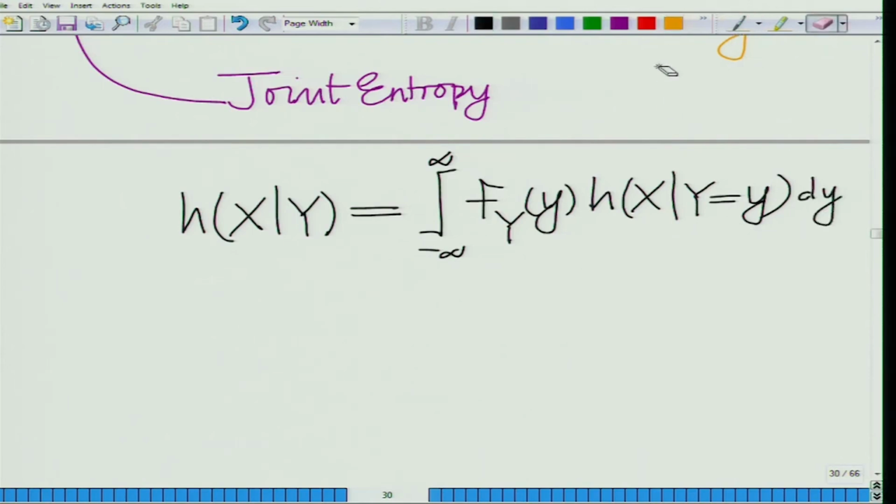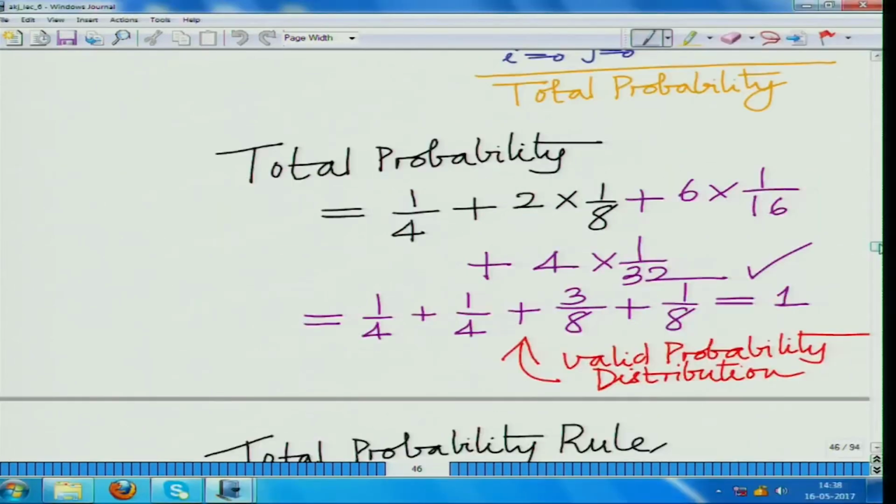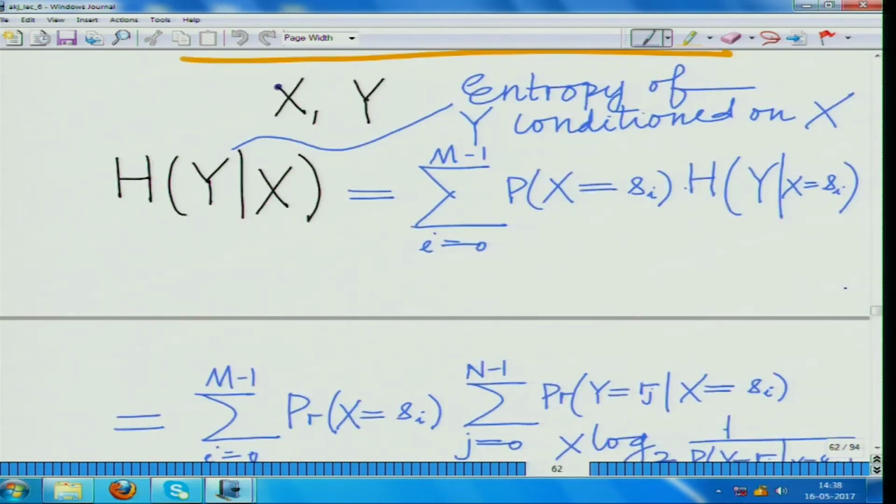You might recall that in the case of discrete symbols, it is given as follows: probability x equal to Si. This is for the conditional entropy of y given x. Similarly, for x given y.